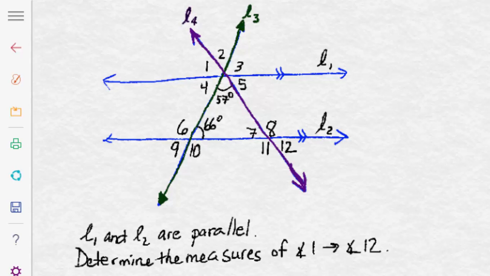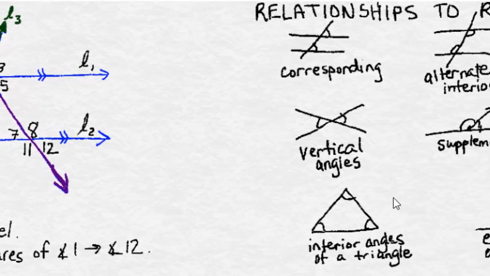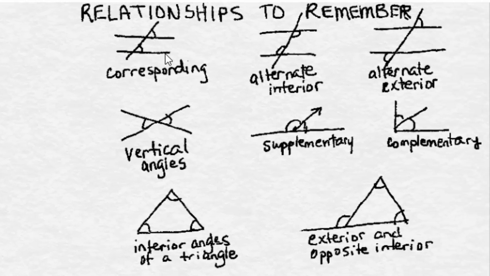We're going to do this by using what we know about certain angle relationships. For example, when a pair of parallel lines are crossed by a transversal, the two angles on the same side of the transversal and the same side of the parallel lines are called corresponding angles.